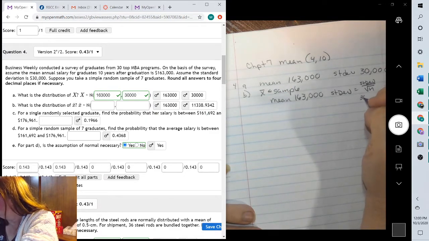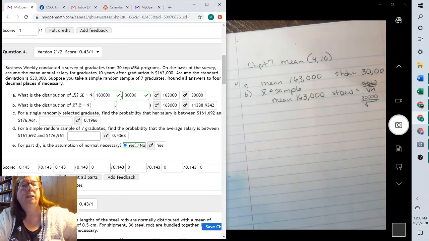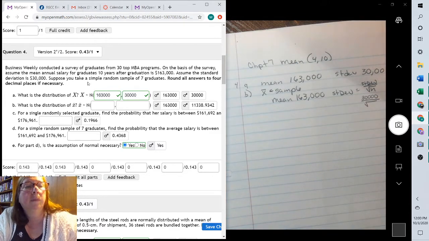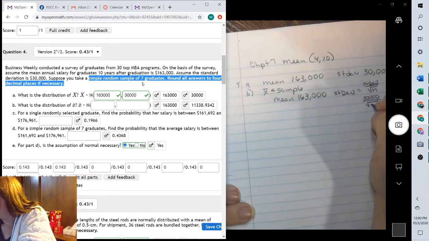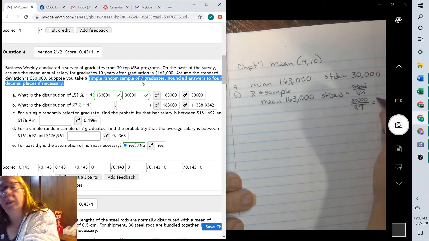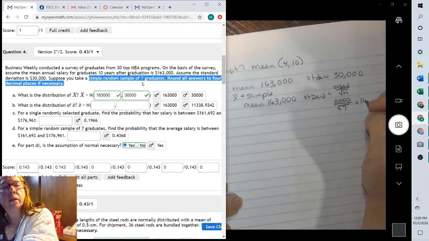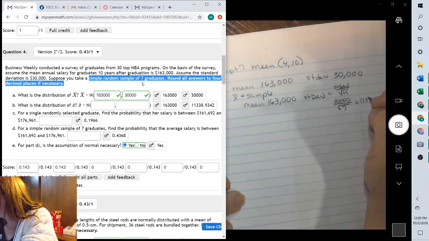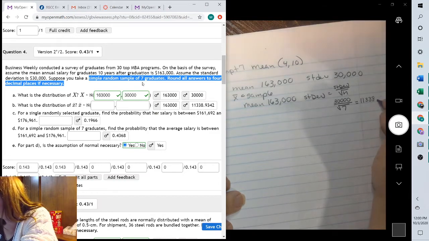So it would be 30,000 divided by the square root of our sample, which was a simple random sample right here of 7. So it's the square root of 7, which will give us 11338.9342.